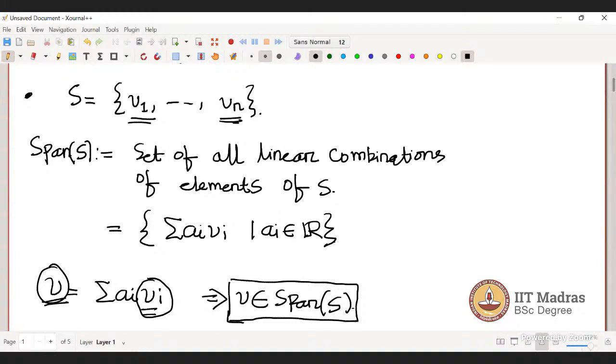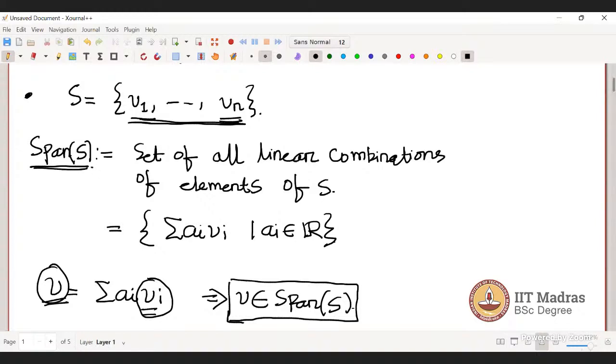So what do you mean by span of S? Span of S is basically the set of all linear combinations of the elements of this set S. You take all the possible linear combinations you can get from these n elements. That set is basically span of S.